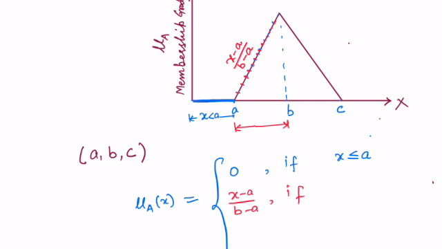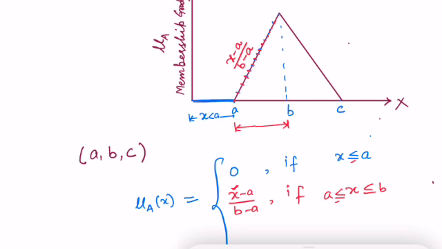So we have x greater than or equal to a, and less than or equal to b. Here also equality is there. If we put x equal to a, we'll get 0, so this is justified.